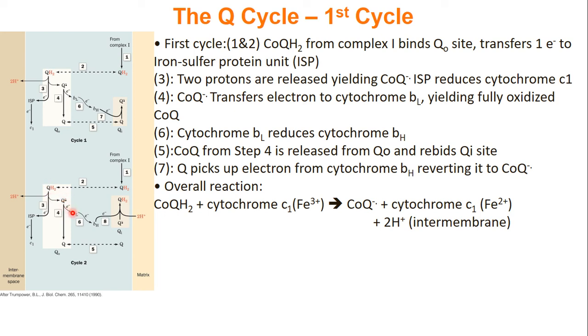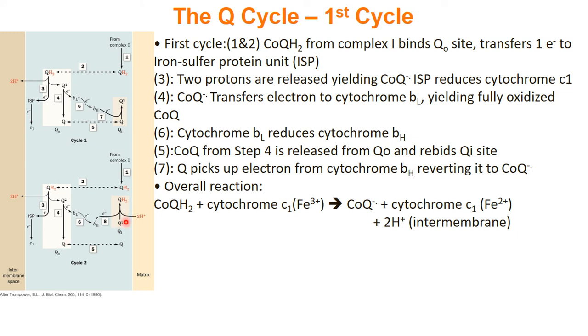We give it to BL, which will give it to BH. Now, this Q, though, does not go into the QI site because the QI site's already full. Our QI site has our coenzyme Q from cycle 1 with our 1 electron. This Q that we just created in cycle 2, that's free to leave. And now it can go back to complex 1 or complex 2 and gain more electrons.